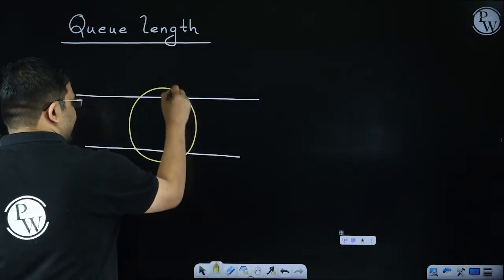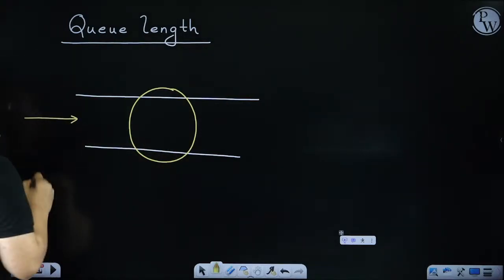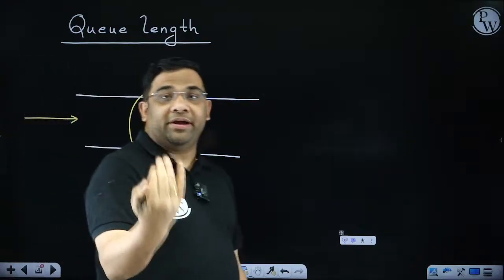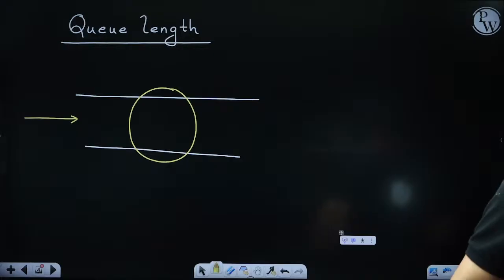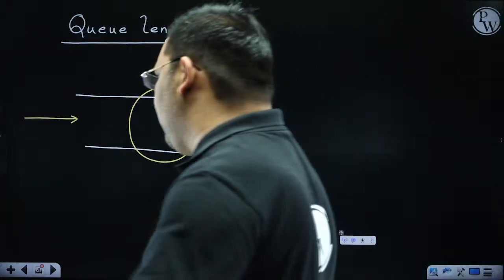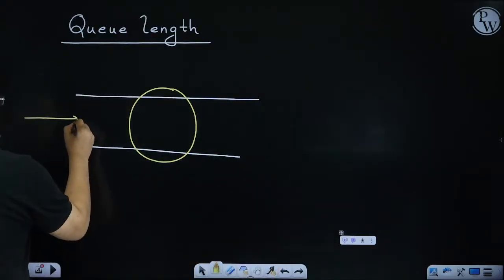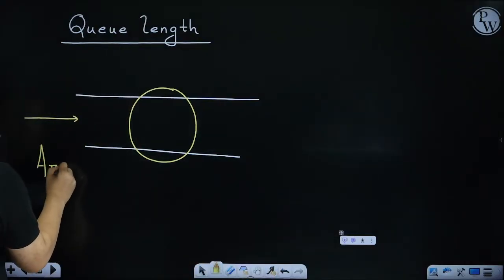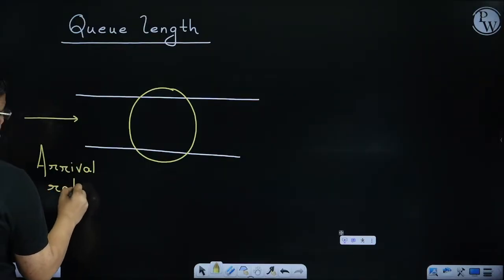At that point, there will be a rate of arrival of vehicles. That will be called the arrival rate, that is, the rate at which the vehicles are coming to this point.